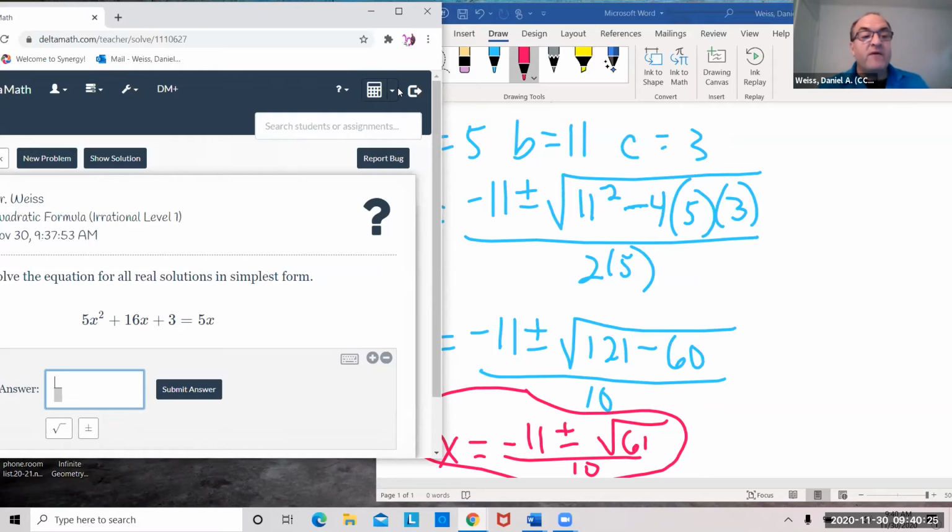Type my fraction bar first. Negative 11. Hit the plus or minus. Square root 61 all over 10.